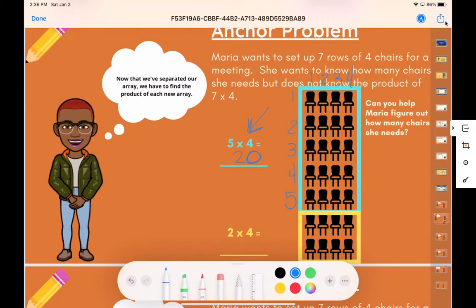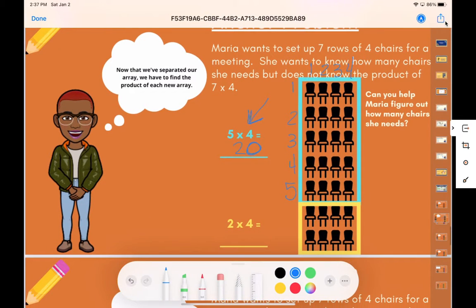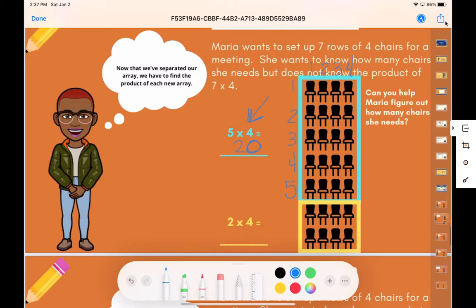Now, if you are not fluent with counting by fives just yet, that's absolutely okay. You could have solved the problem by counting the chairs in our first array. So we know that the blue set of chairs has 20 total chairs in it. Well, let's look at the yellow set.